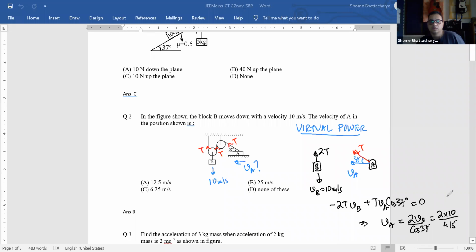Okay, so see that VA will become, how much will become, 25. B is the correct answer.